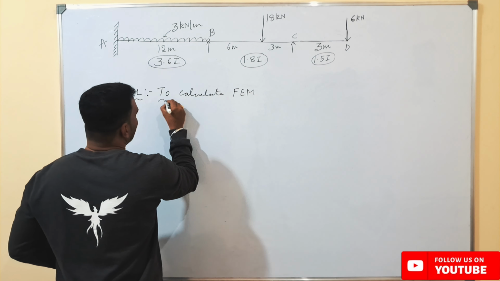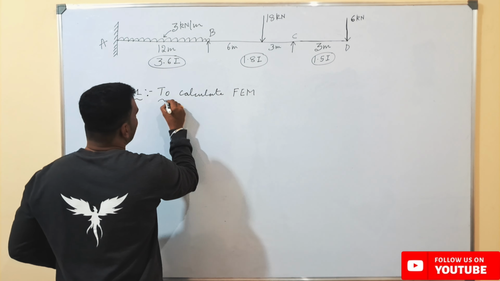From the moment distribution method, we know that whatever additional moment we have considered here, half of that value has to be carried over to the other end of the same member. So the moment from point B to C is how much? This is the fixed end moment, minus 12, plus half of the additional moment we have considered, that is minus 6.